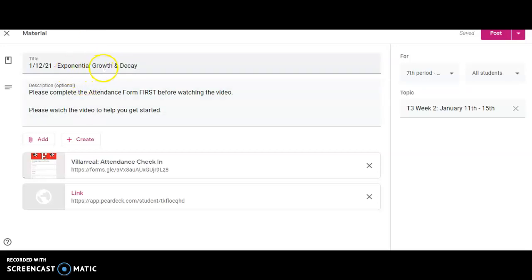The title is Exponential Growth and Decay. You're going to have the attendance form linked again. If you already filled it out once, you don't have to fill it out again. And then it'll either say link or sign in for you to click on your assignment. That's your Pear Deck. And this video will be attached also, so that'll be 3 things.